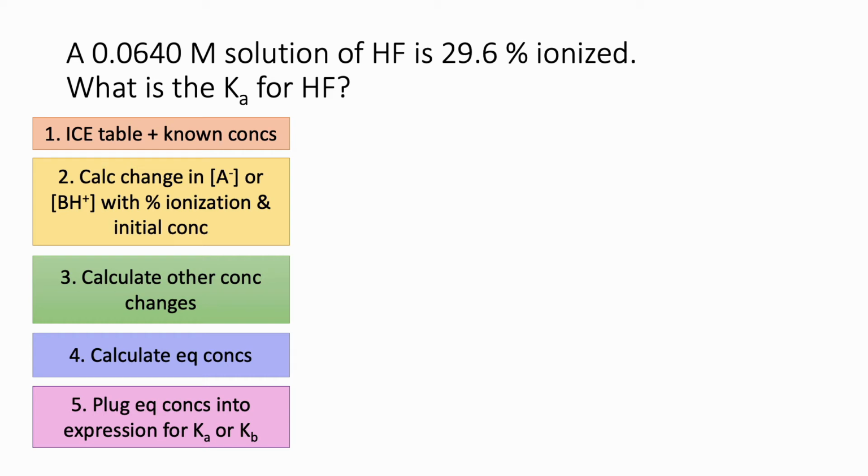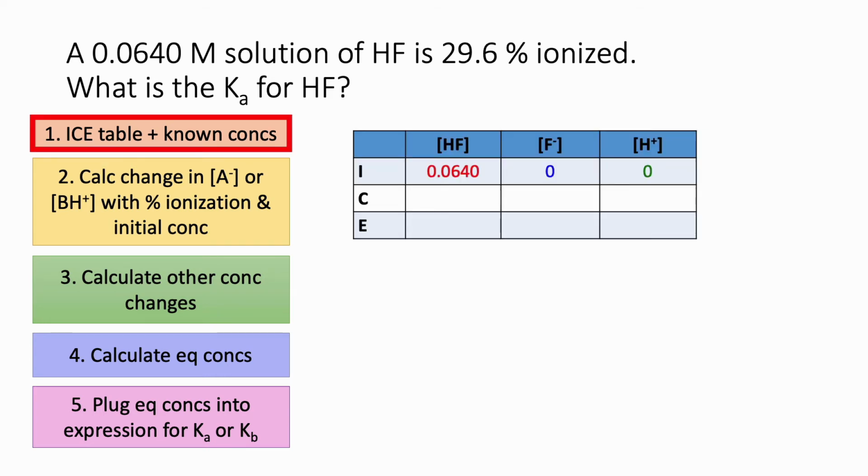So we start, as we always do, with an ICE table, and we plug in our known concentrations. Again, we're assuming that our initial concentration is all in the undissociated form, the protonated form of the acid, and everything else is 0.